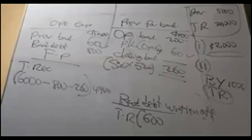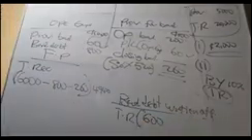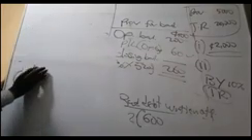Now let's go through the next section. We said that there are three items that will form the footnote: adjustments, and then errors, and then the IFRS.